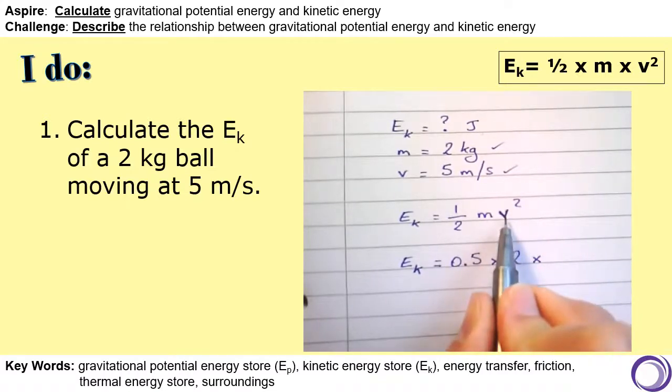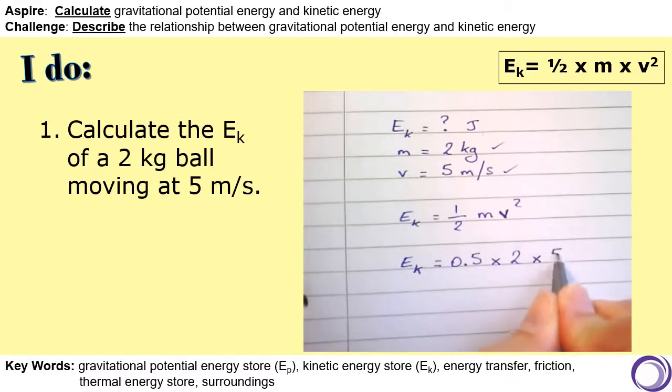So my velocity is 5, so I have to do 5 squared. Okay, now this is the tricky bit that you need to be careful with. If you want, you can just write this out as 5 times 5, because that's what 5 squared is, or you could work out using your calculator what 5 squared is first. So you just do 5 times 5 in your calculator, or 5 squared, and you would find that it's 25.